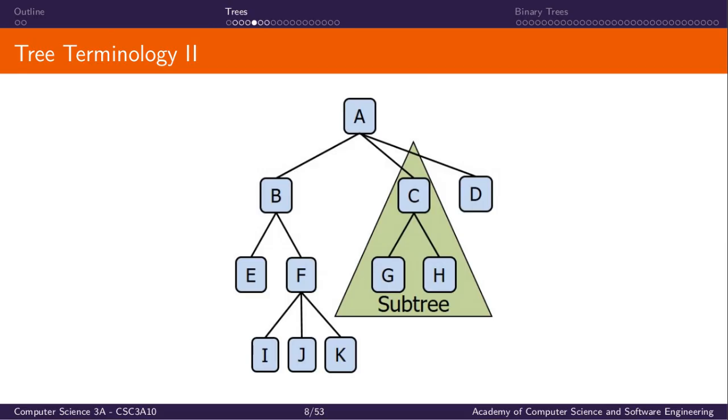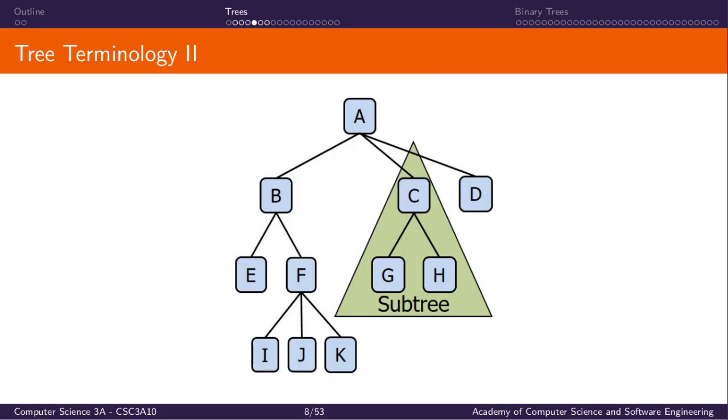Let's look at an example here. The height of E, I, J, K, G, H, and D will all be 0 because those are all external nodes. If we look at F, it has children all of height 0, so 1 plus the maximum would be 1. The height of F would be 1. Then the height of B: B has a child of height 0 and a child of height 1.